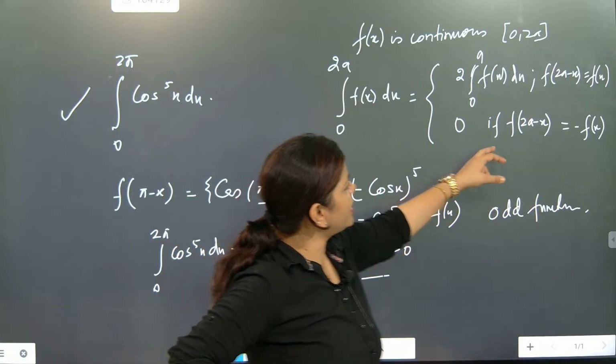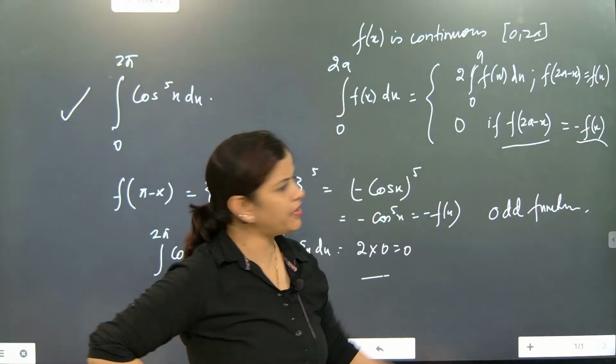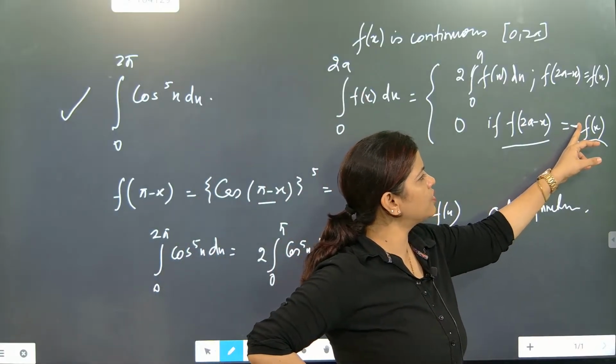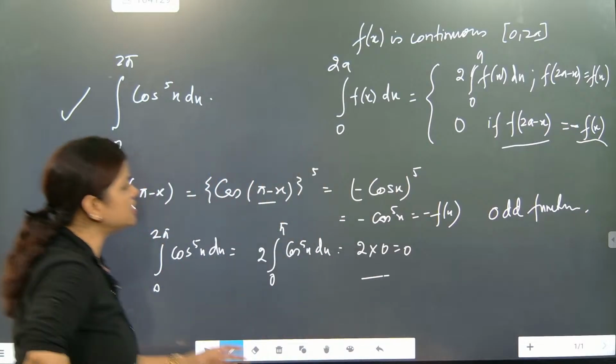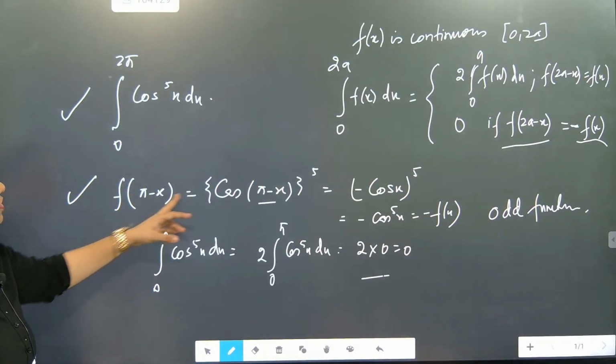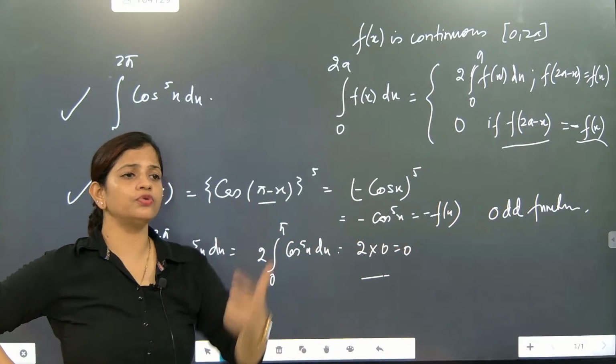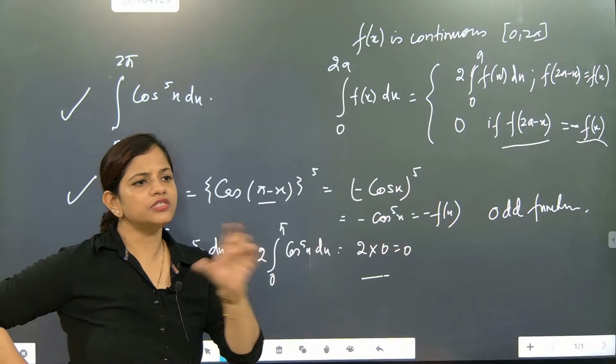No, here 0 is coming because minus f of x is there. Odd and even part, I told you. So here it is releasing minus. First I did this work, and after that only I am getting it. Because for 0 to 2 pi, we had checked cos on the interval 0 to pi.